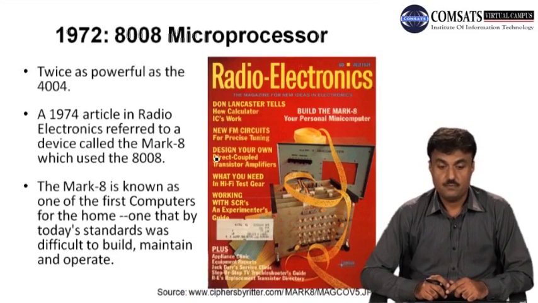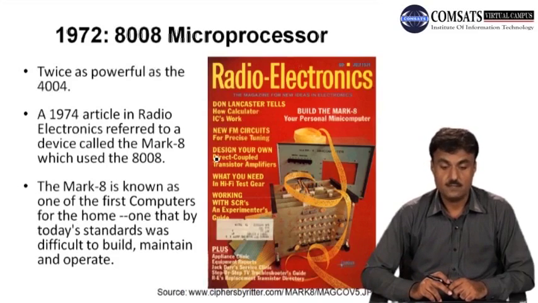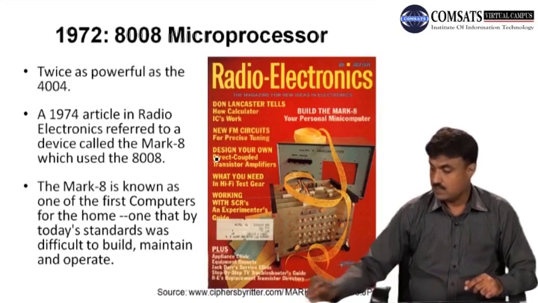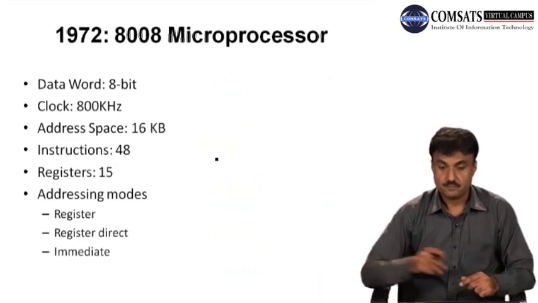In 1974 there was an article in Radio Electronics, as you can see in the picture on the right, that referred to a device called Mark 8 that used this 8008 microprocessor. The Mark 8 is known as one of the first computers for the home, and by today's standards was difficult to build, maintain, and operate.